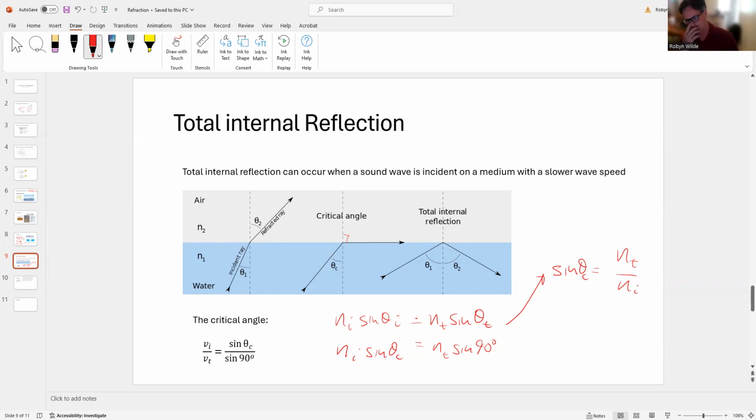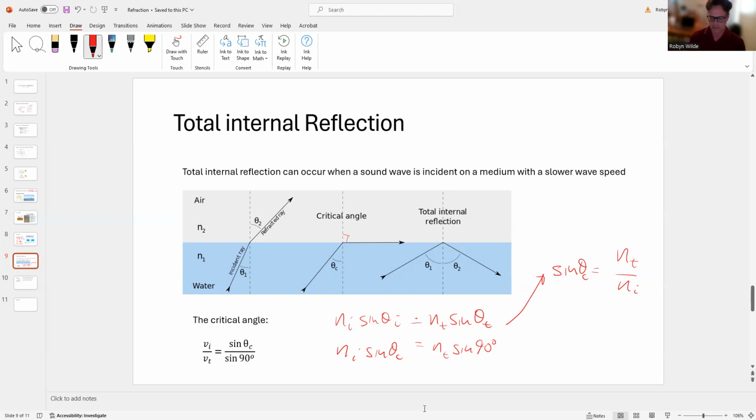But it can happen, for example, in glass or in a diamond. Diamond has a pretty large critical angle, so many of the rays trying to get out of the diamond are internally reflected, and I get a lot of bouncing around in there, and that contributes to the sparkly nature of the diamond.